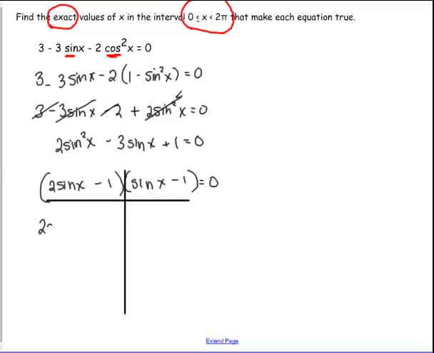So where does 2 sine x minus 1 equal 0? All right, well, let me clean this up so I get sine isolated. Where does the sine wave hit 1/2? And over here, where does the sine wave minus 1 equal 0? Where does the sine wave hit 1? Let's do one at a time.